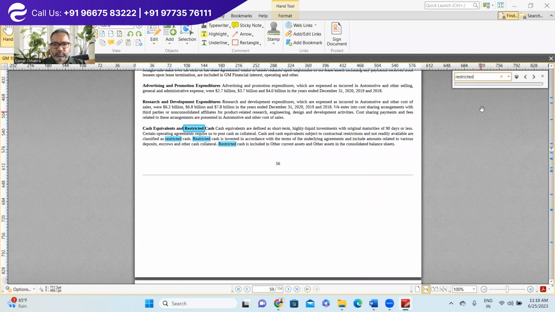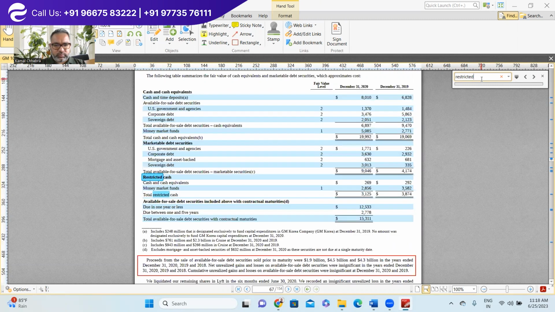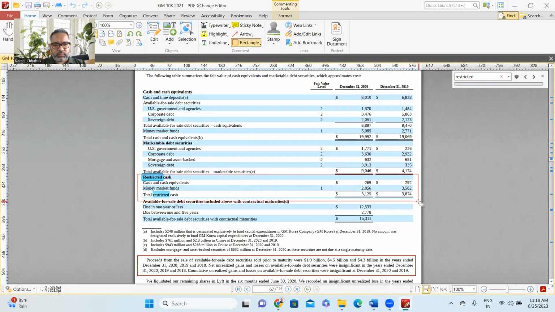I'm sure there would be some amount as well. Yeah, there you go. So here you can see restricted cash has been separately disclosed. Right? So the cash and cash equivalent, money market fund, and total restricted cash, this much amount, right?